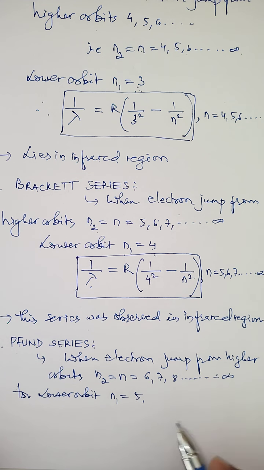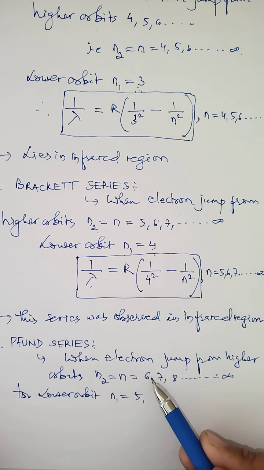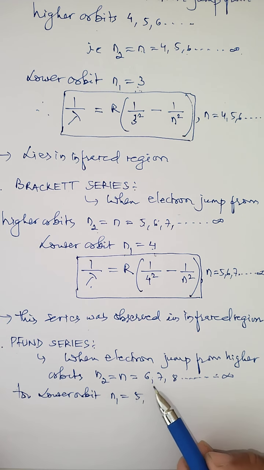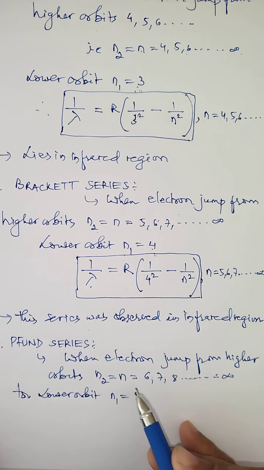And the higher orbits? 6, 7, 8, 9 and like that. When the electron jumps from 6 to 5, we get the Pfund series. When it jumps from 7 to 5, Pfund series. When it jumps from 8 to 5, Pfund series. We get the Pfund series when the electron jumps from these higher orbits to the lower orbit, that is 5.